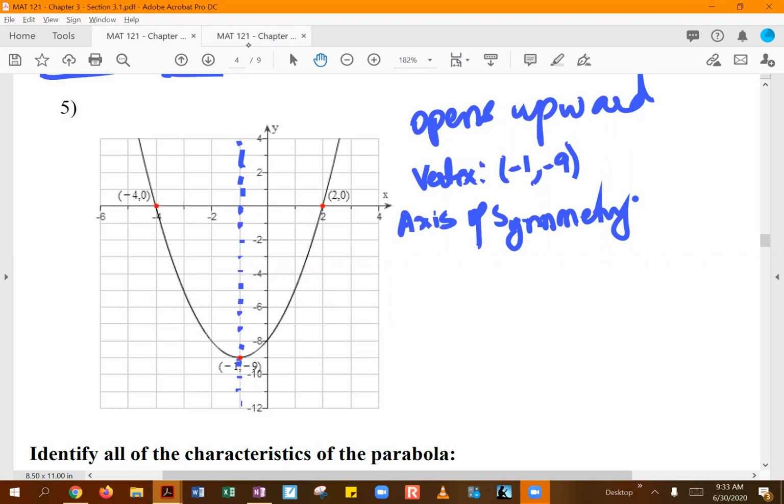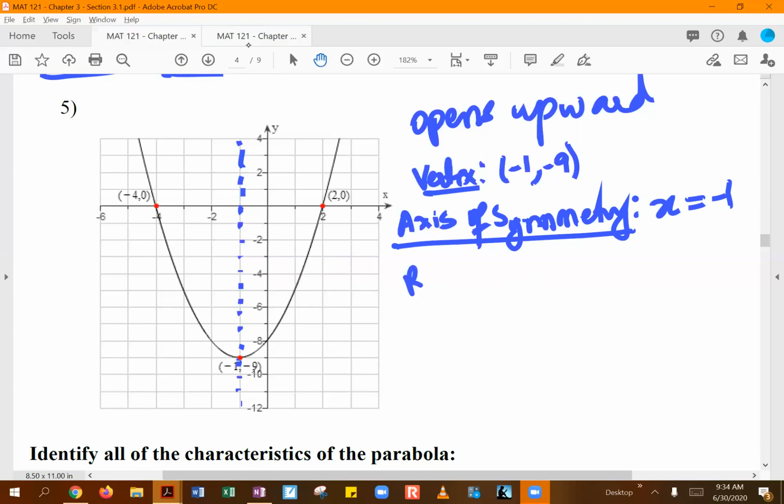So the axis of symmetry, and remember again, the vertex can also help you come up with the axis of symmetry. It's always going to be that x coordinate. So write this as an equation. It's going to be x equals -1. The axis of symmetry always passes through the vertex. It's going to be the same x value.